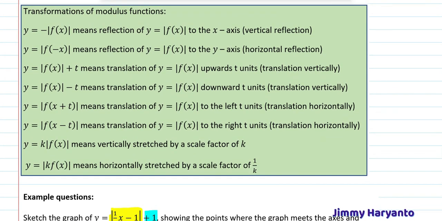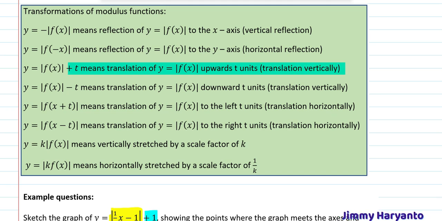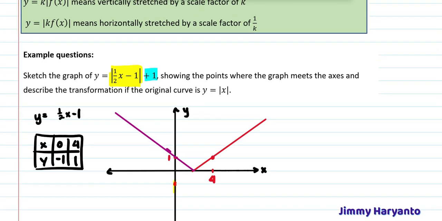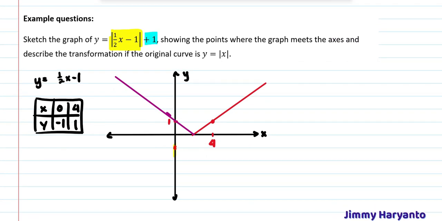You can see that plus 1 means translation of the curve upwards 1 unit, or vertical translation. Oh, this word is not correct. It should be vertical translation. Sorry. Okay, so you have to move this curve, this line, 1 unit up.